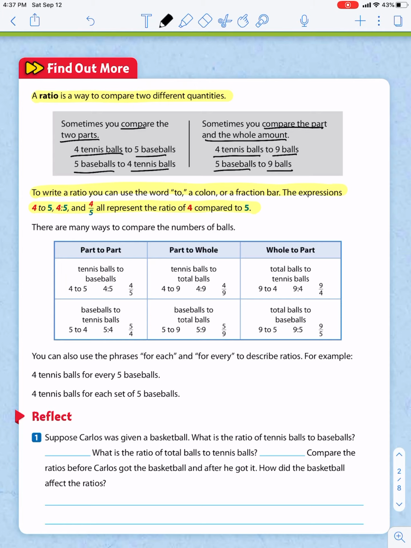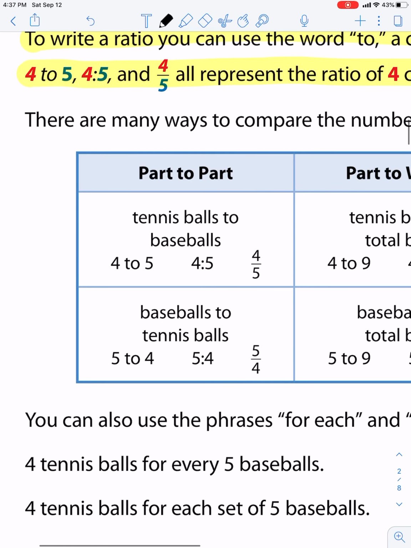So in this scenario, there are many ways to compare the total number of balls. If you want to start here, we've got part to part. There are 2 separate things that we're comparing here. We're comparing tennis balls to baseballs. Now, the order in which it is said, so tennis being first, baseballs being second, is extremely vital to the ratio.